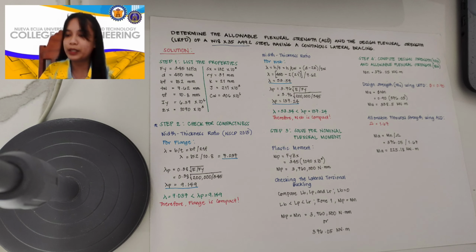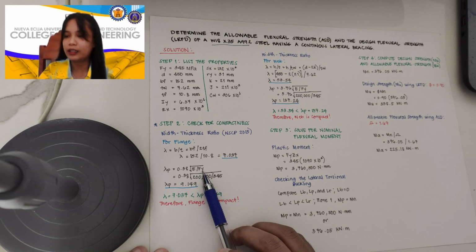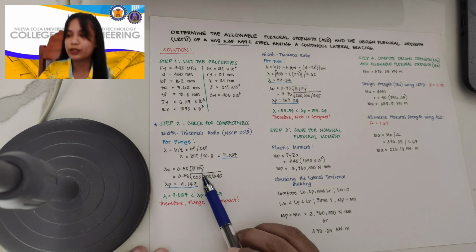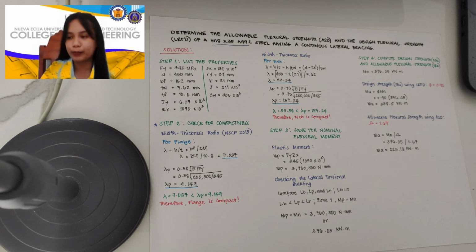For our lambda p, 0.38 square root of E over Fy. Saan ba natin nakuha yung formula na to? This is according to the NSCP 2015 table 502.4.1.